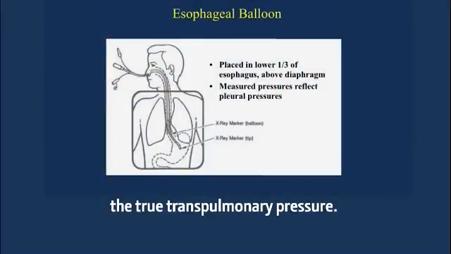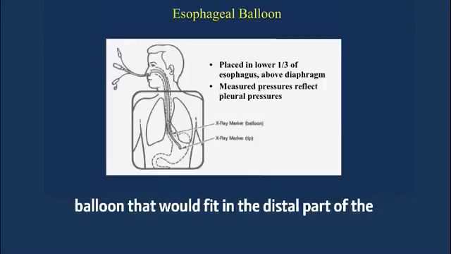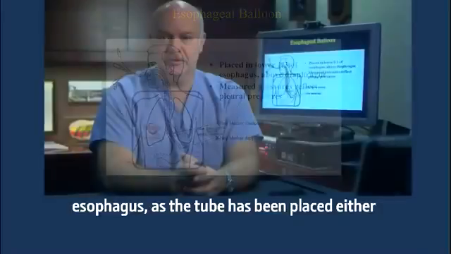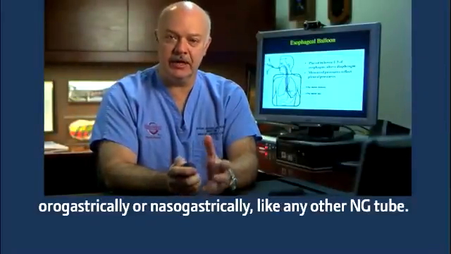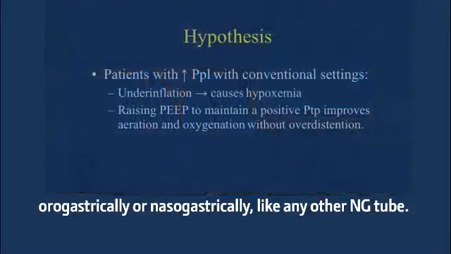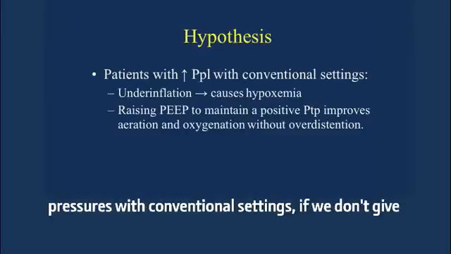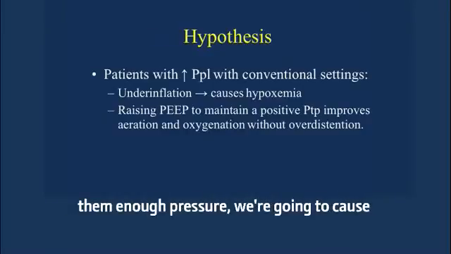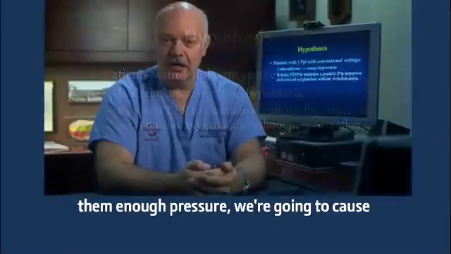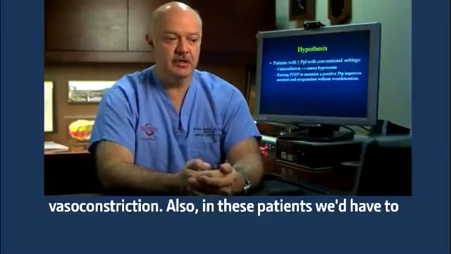Well, we use a device that has a nasogastric tube with a balloon that fits in the distal part of the esophagus, as the tube is placed either orogastrically or nasogastrically, like any other NG tube. So the hypothesis is that in patients with increased pleural pressures with conventional settings, if we don't give them enough pressure, we're going to cause underinflation, hypoxemia, and pulmonary vasoconstriction.